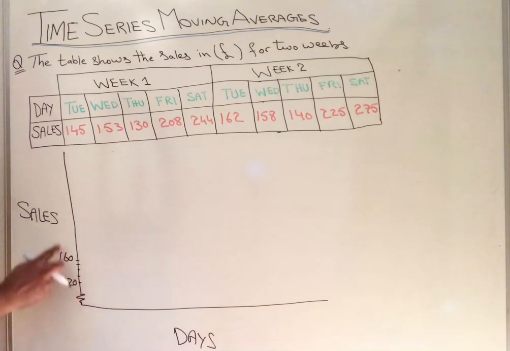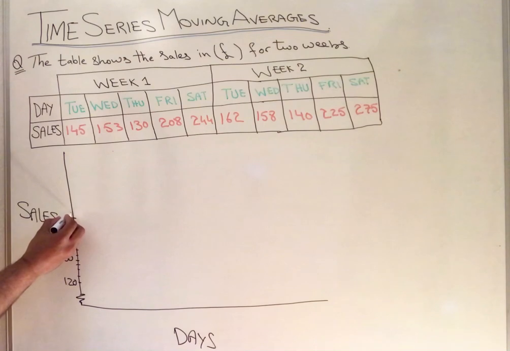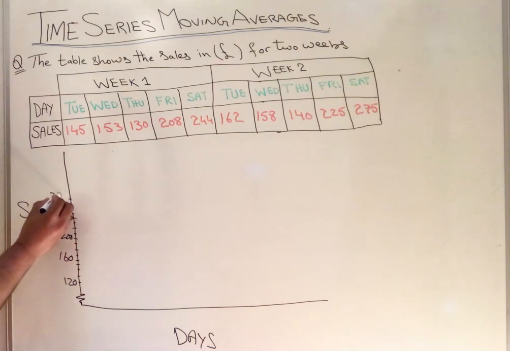So 160, 170, 180, 190, then 200, 210, 220, 230, 240, 250, 260, 270, 280, and that's it. So we have these points.